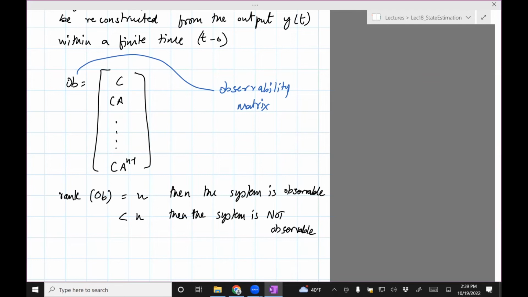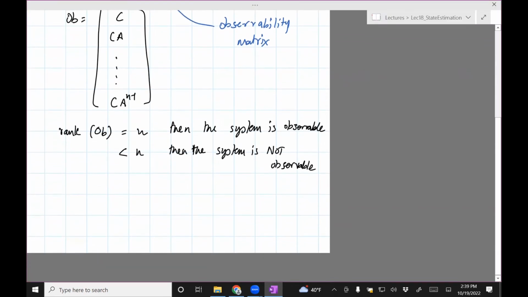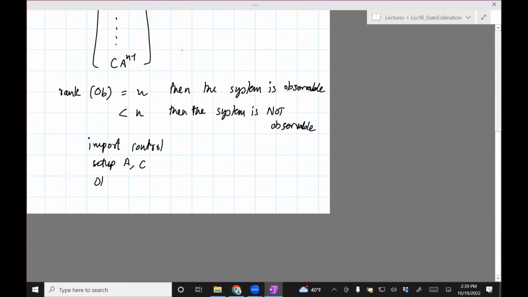Okay, so what you'll do is, just like controllability, you first import the control library, and you set up A and C, so just define them using NumPy arrays. Compute the observability.